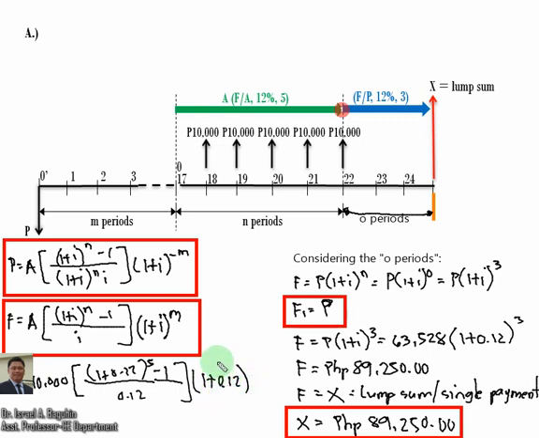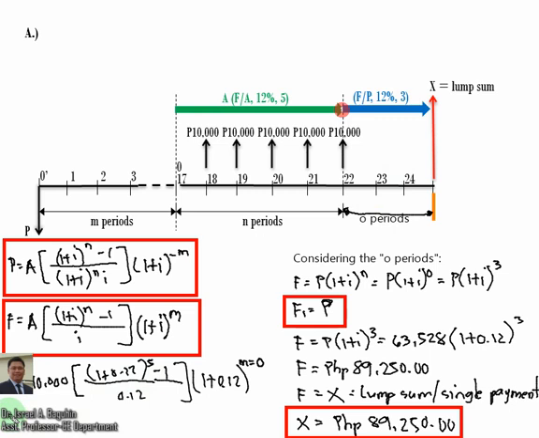Our m here is just equal to our O period, because we are dealing with this deferred annuity to get the value of your X, which is our future amount F. So our m here is just equal to this O period, which is equal to 3 years.